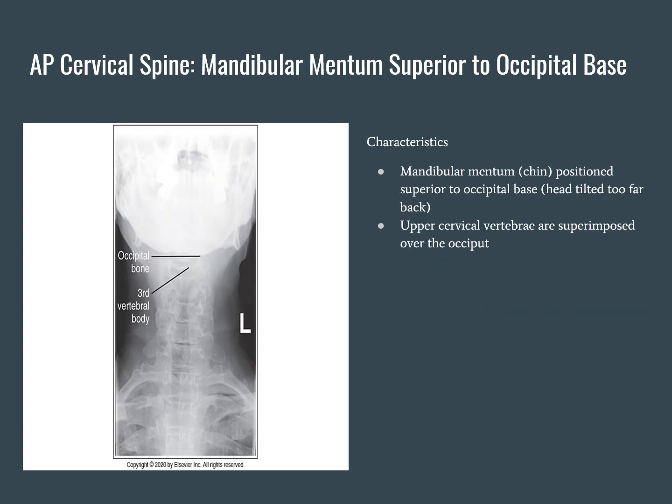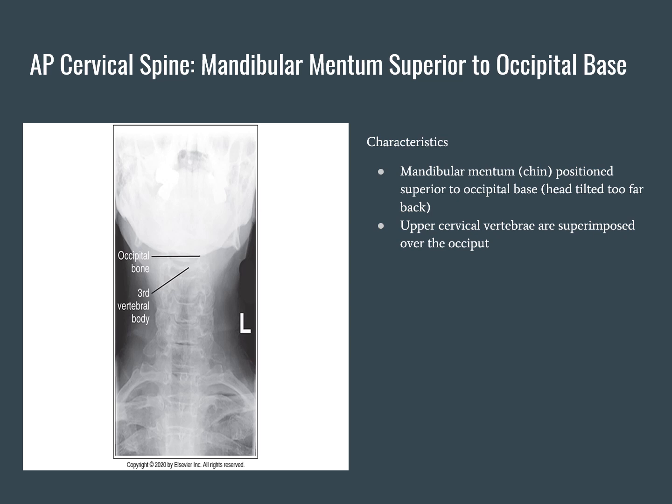So moving forward, let's talk about the positioning of the mandibular mentum to the occipital base and its effects on the AP axial C-spine projection. We know that accurate positioning of the occiput and mandibular mentum is achieved when the lower surface of the upper incisors and the tip of the mastoid processes are aligned perpendicular to the IR.